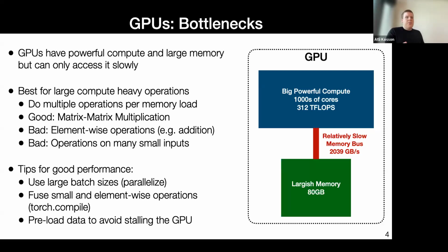What that means is that for every load from memory, you want to do lots of operations on these elements that you loaded. For modern GPUs, you want to do roughly 100, 200 operations per memory access that you make. If you're unable to sustain this, then your GPU is not going to be very highly utilized.